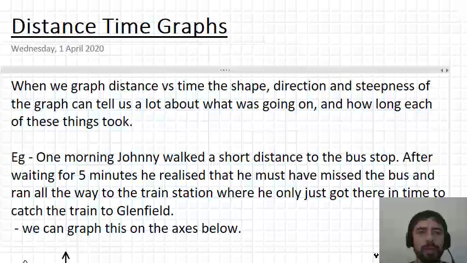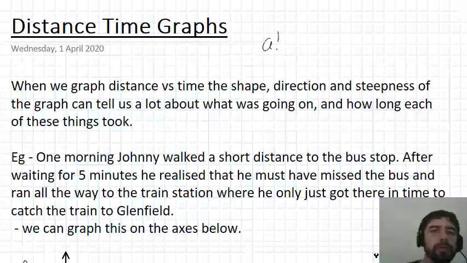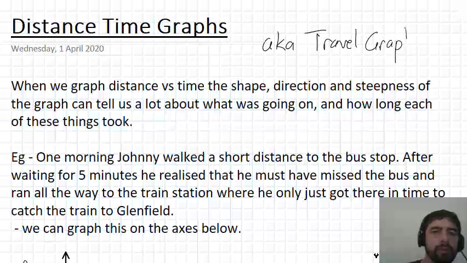So the next thing we're going to look at are distance time graphs. We've called them travel graphs for the last couple of years though, so also known as travel graphs. So what we're really looking at is a graph that shows some sort of idea of time versus a distance.